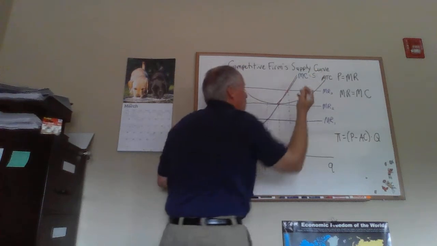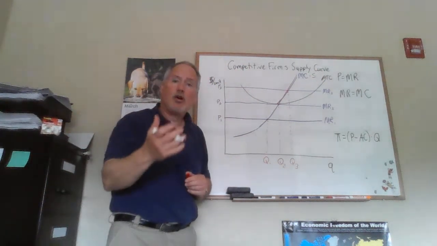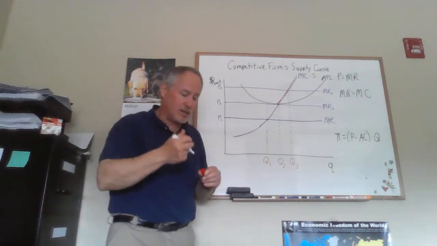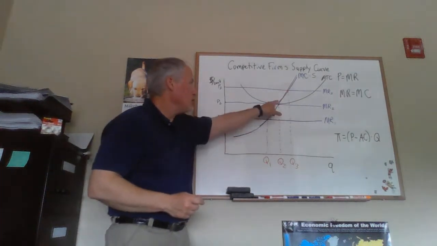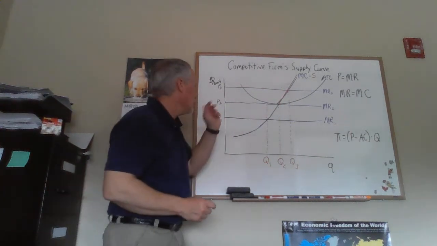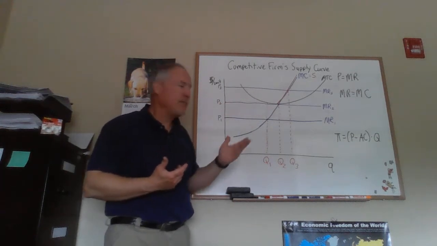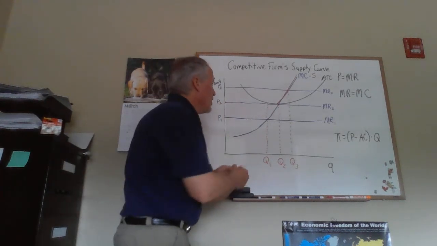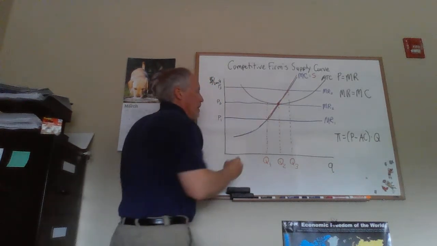But in any event, the important takeaway from this is to remember the marginal cost curve for the firm ends up being its supply curve. If it's in the long run, then it's only the part of the marginal cost curve that's going to be above this price here, where they would make a zero profit. If it's in the short run, then the marginal cost curve continues down here.